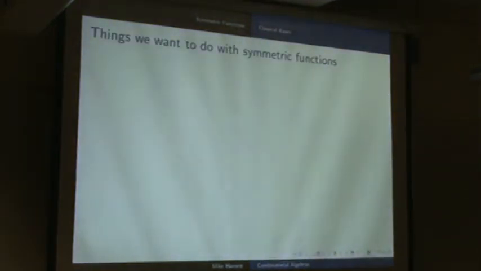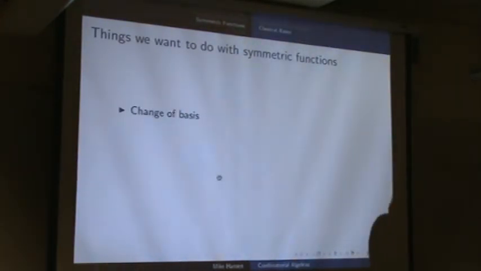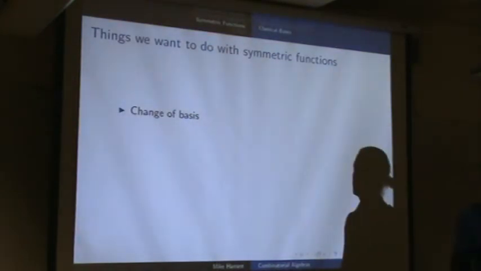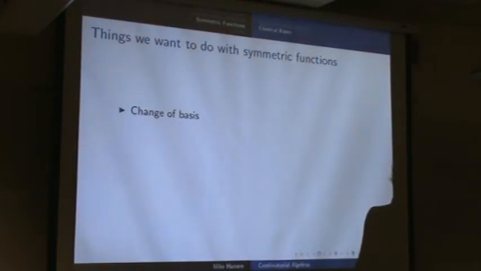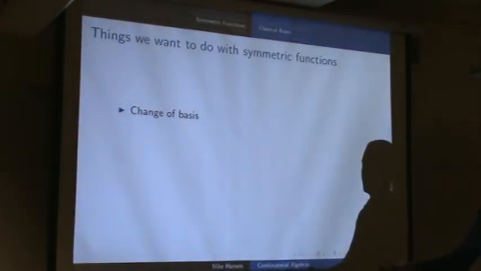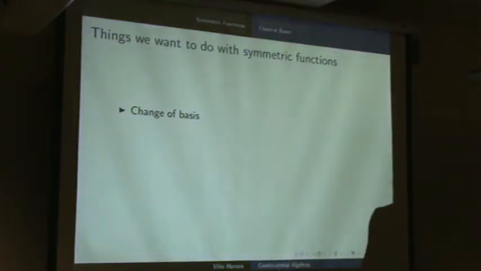So there are a number of things that one would typically want to do with symmetric functions, or in a symmetric functions package, say, change a basis. So if we have some symmetric function in the power sum basis, how can we convert it into the Schubert basis?